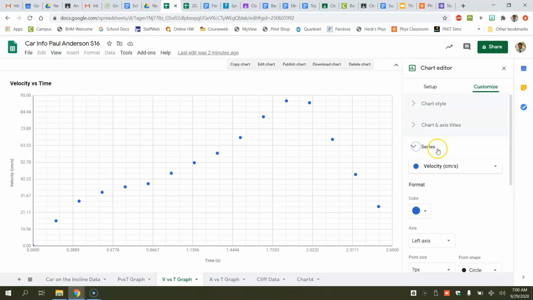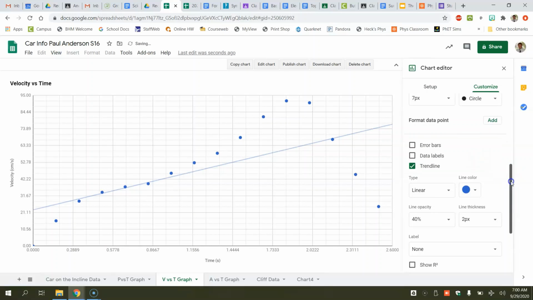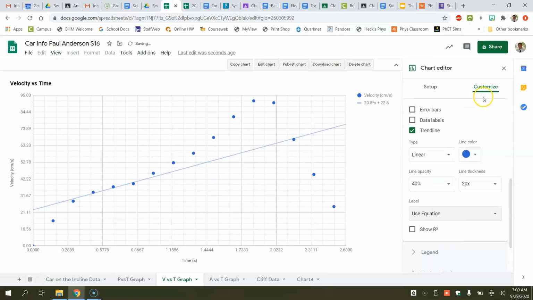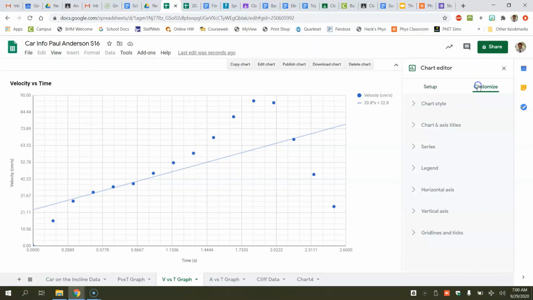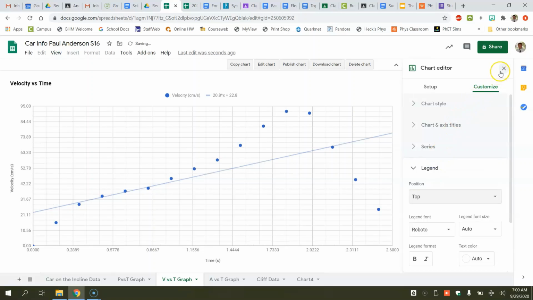Customize, we're going to go into series, go down to our trend line, and then we'll put that equation in there. Okay, and we'll close that. Let's make it so that our label is at the top. There we go.